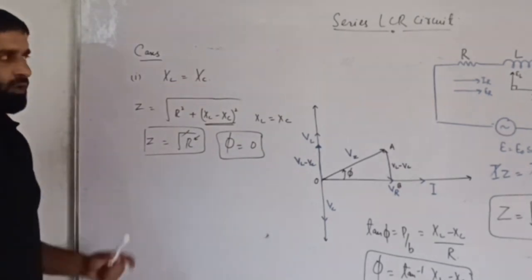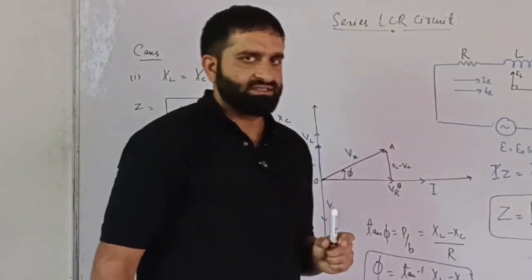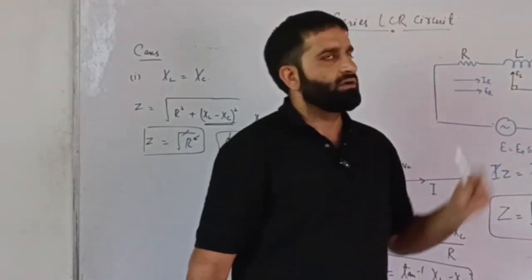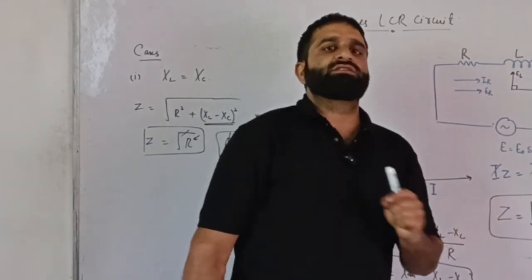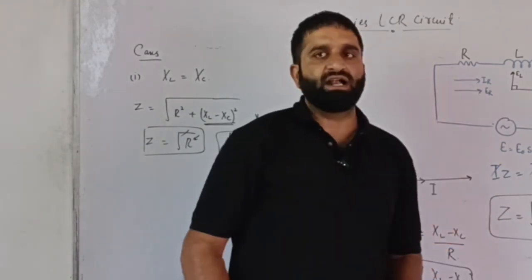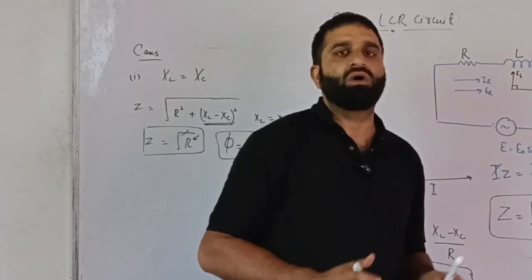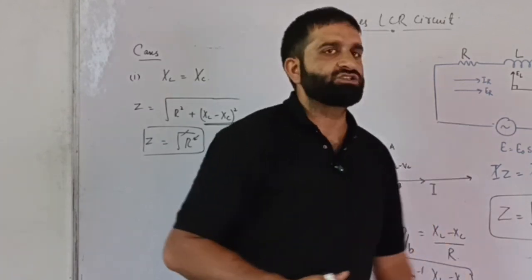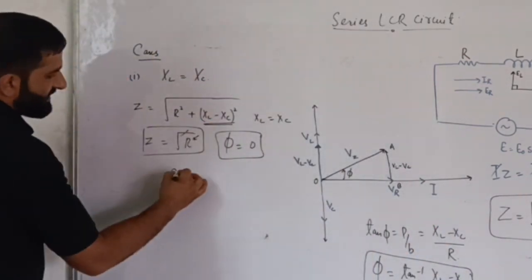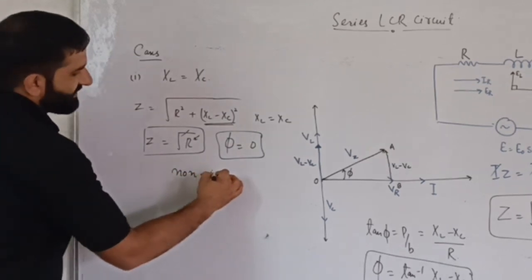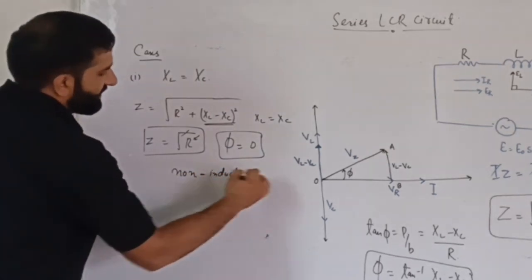That means the overall impedance of a series LCR circuit, when the capacitive reactance is equal to the inductive reactance, is equal to the resistance. We do not have the effect of the reactances, either inductive or capacitive, so that circuit is called non-inductive when Z equals R.